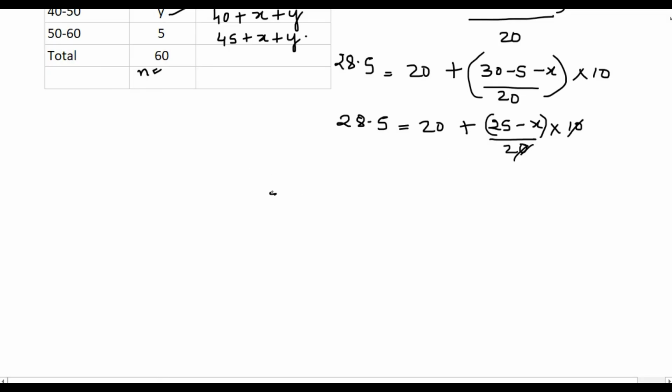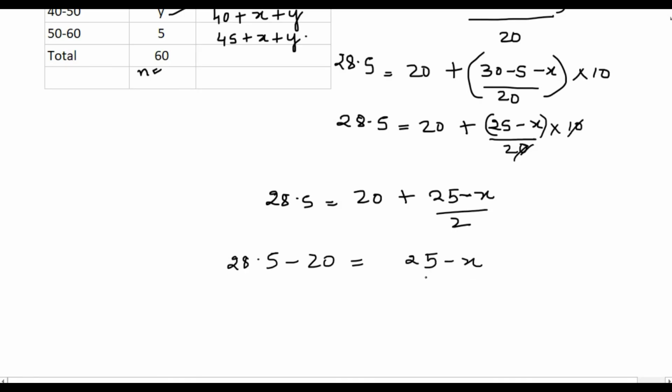Next step. So we have 28.5 equal to 20 plus 25 minus x by 2. Now this 20, when I take it to the other side, it will become minus 20, equal to 25 minus x by 2.